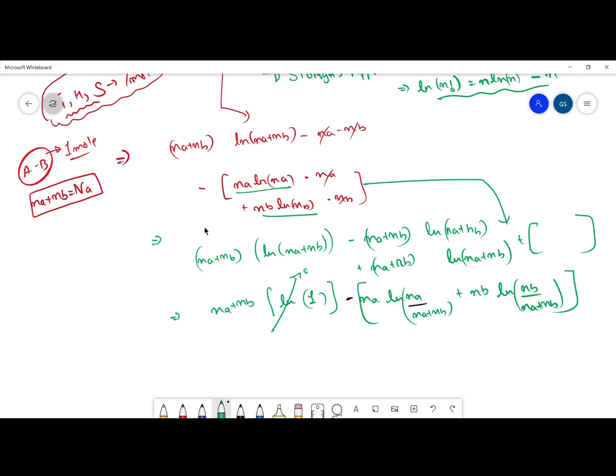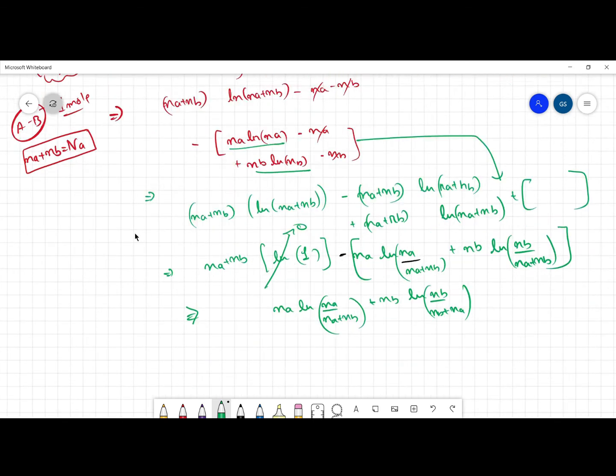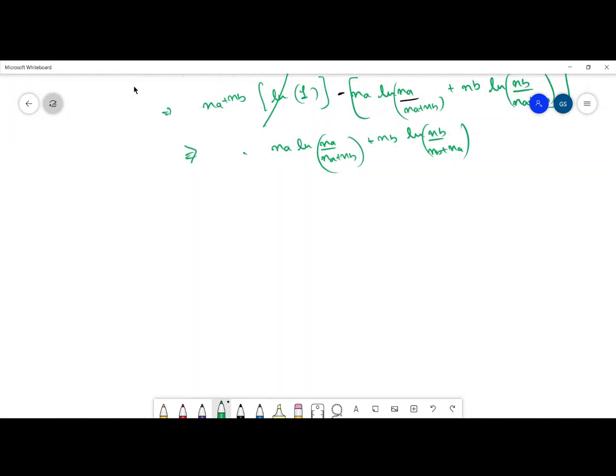Now this thing is 0, and what we are left with is Na ln Na upon Na plus Nb, and Nb ln Nb upon Nb plus Na. So now things are a bit familiar. The minus sign is there now also. This is nothing but Xa. So Na ln Xa plus Nb ln Xb. Now things are reduced.